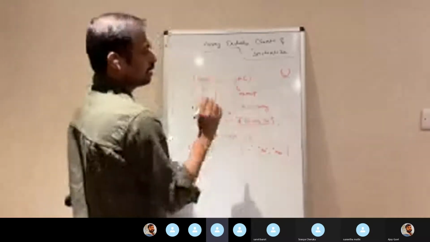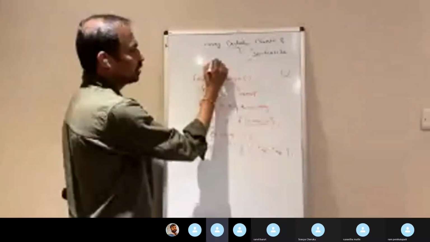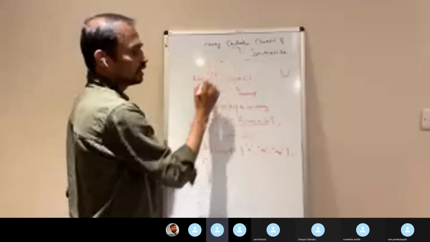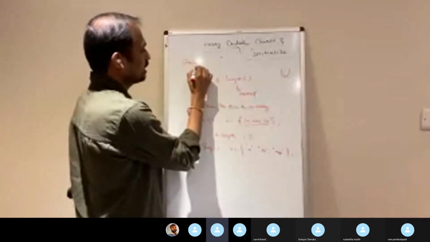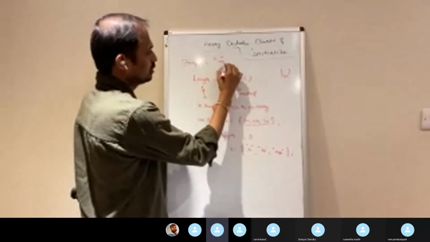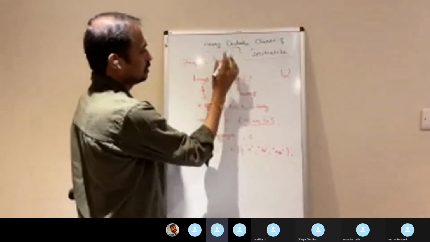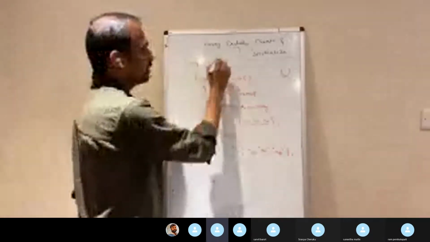Whatever string value you are assigning or declaring should be in double quotes. String should be in double quotes. String s capital, string s is equal to, in double quotes, Raja. If you are declaring a string, that should be in double quotes.